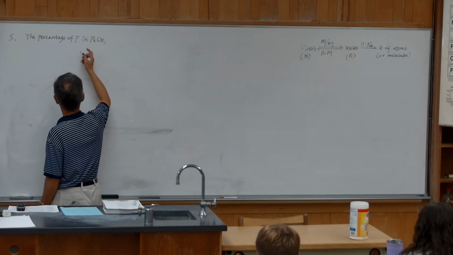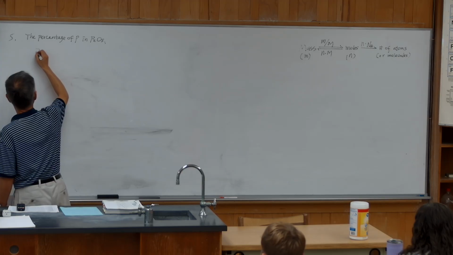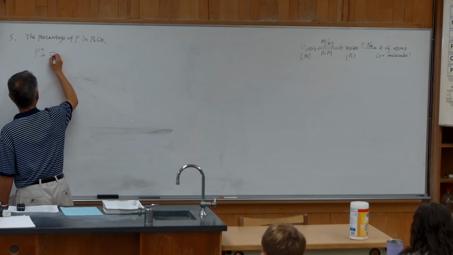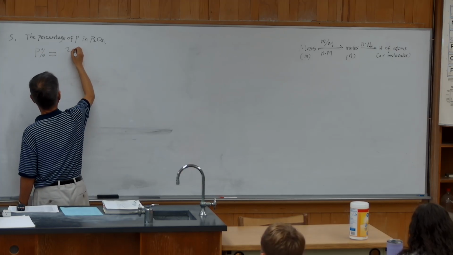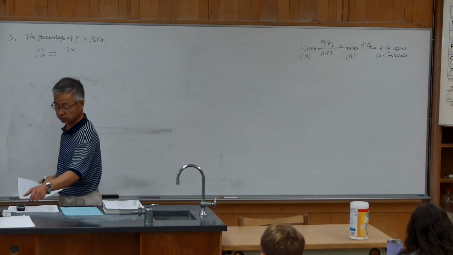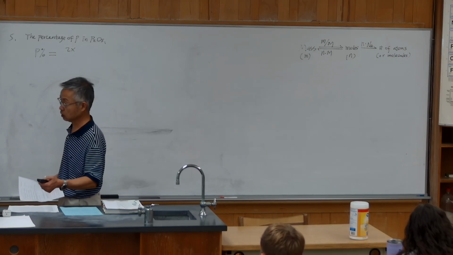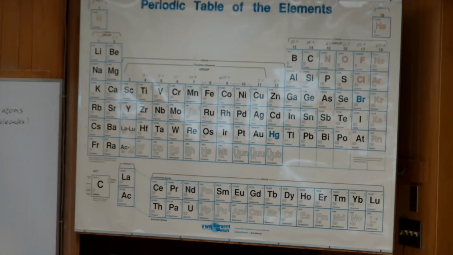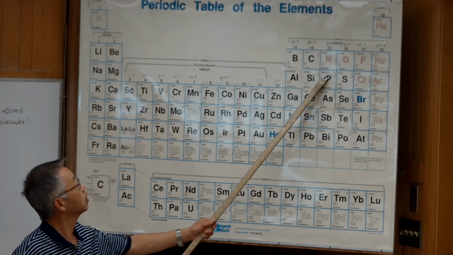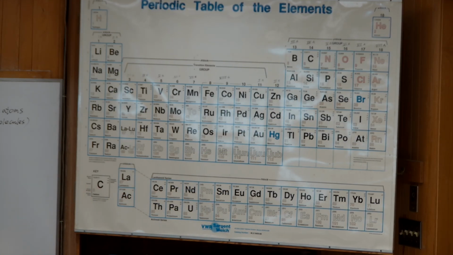So here is the percentage of P. In this formula, you have 2 P. What is the mass of P? Use the periodic table. Phosphorus is 30.97, right? So 2 times 30.97.